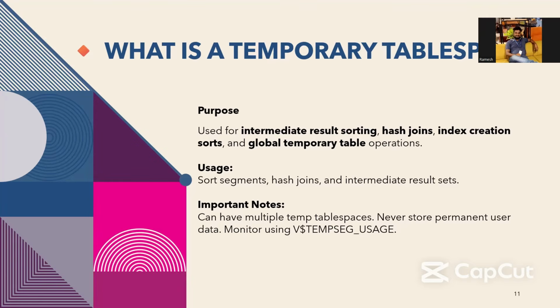In that operation, the temporary tablespace does not come into the picture. But when users try to filter some data, using a WHERE condition or using hash join conditions, at that time those operations need some space to locate the data and complete the operations.